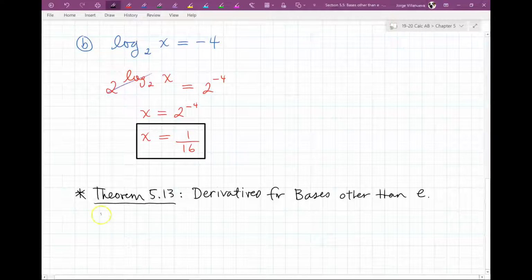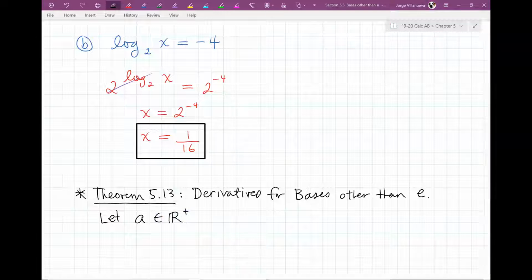So we start off with some prerequisite here, some information we need. Let a be a positive real number. That's the way we write it. a is an element of the real numbers that are positive, but they do say that a cannot equal 1 though.